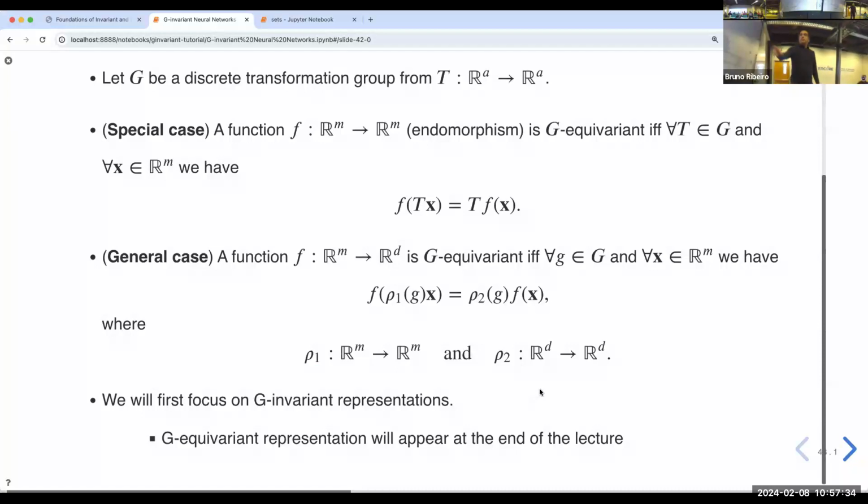As you can see, my function now maps m dimensions to d dimensions. Think of image embeddings, the embedding of the image. Now the definition of G-equivariance has to come through this notion of representations. If I have an element of my group, say I want to do 90-degree rotations, then there will be a notion of 90-degree rotations of images, which we saw as matrices.